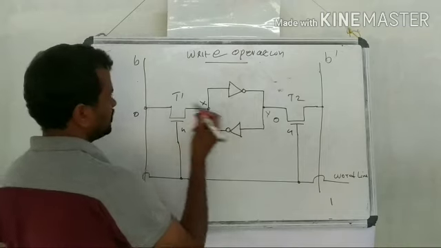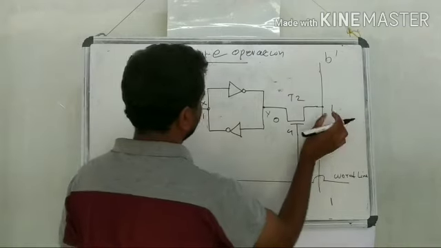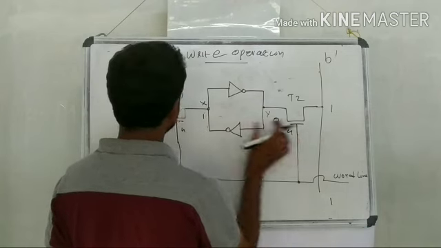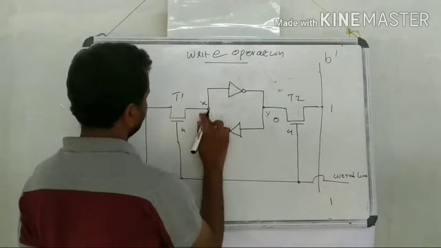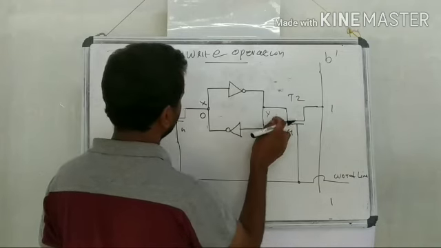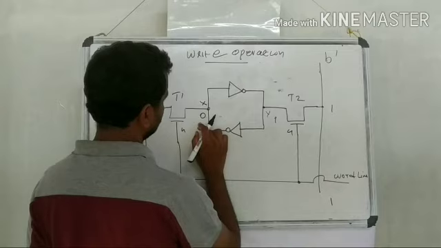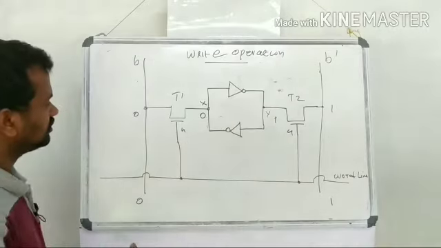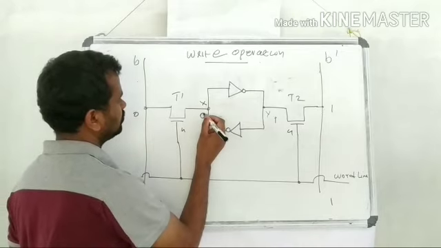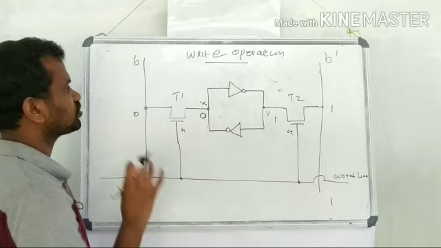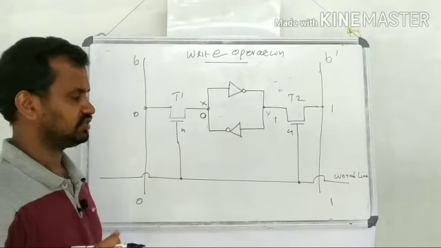So 0 will reach here, 1 will reach here, and these transistors will be turned on. So this 0 value will reach here, this 1 value will reach here, then 1, 0, 0, 1. So this will lead us to another stable state, that is, the X value is now 0, or we will say that a 0 value is stored into our SRAM cell.